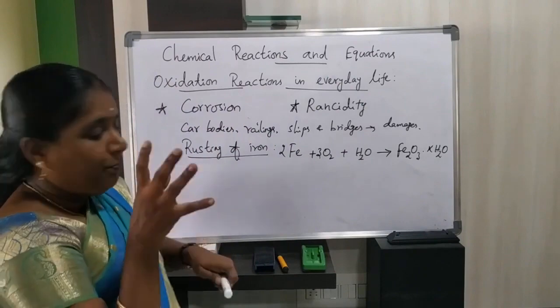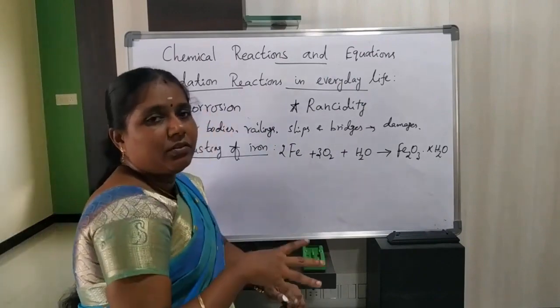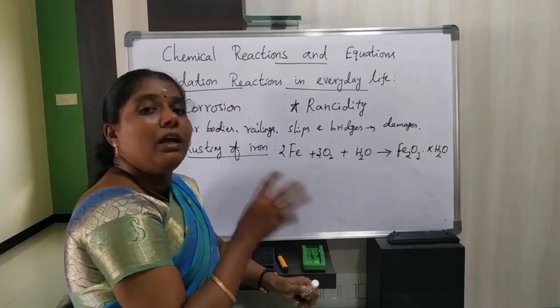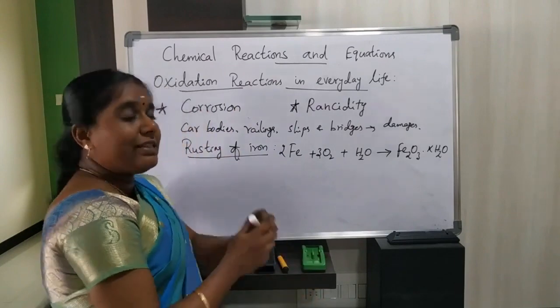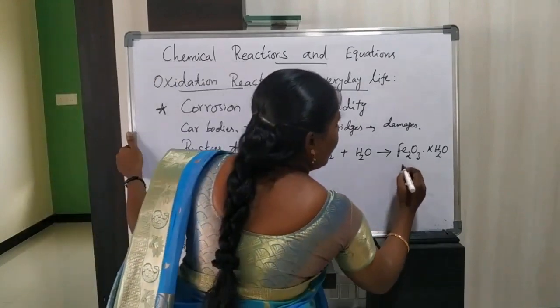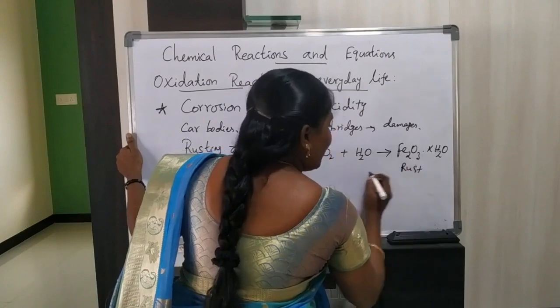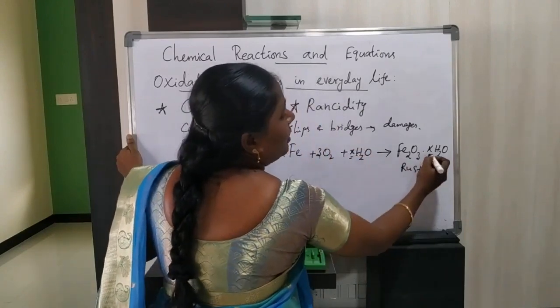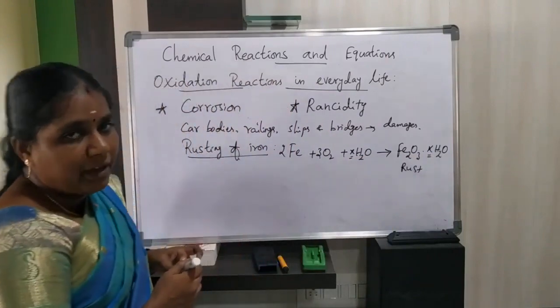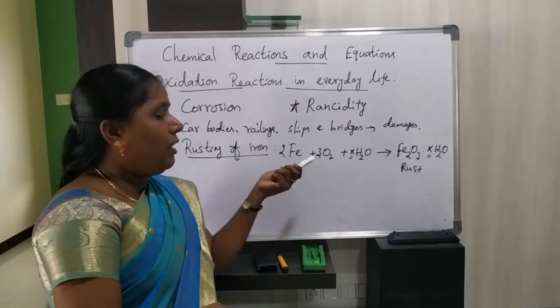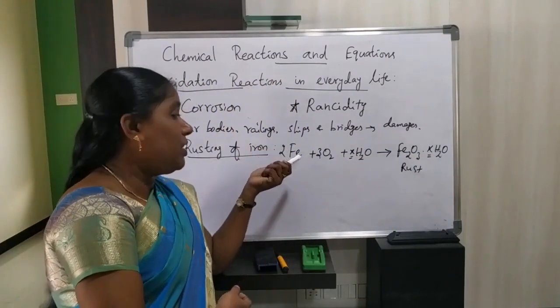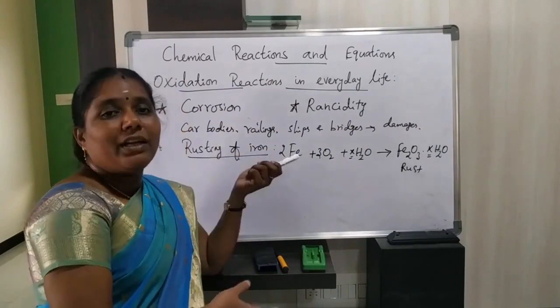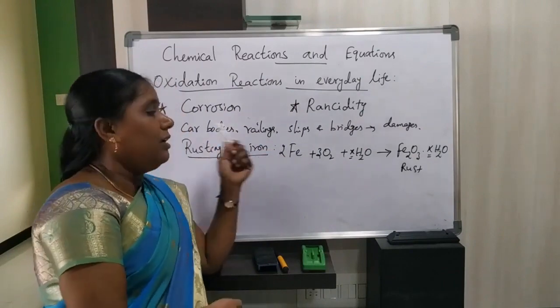It forms a reddish brown substance, and that brownish substance is considered as rust. The amount of water molecules may vary from one iron object to another. So this process we call rusting of iron.